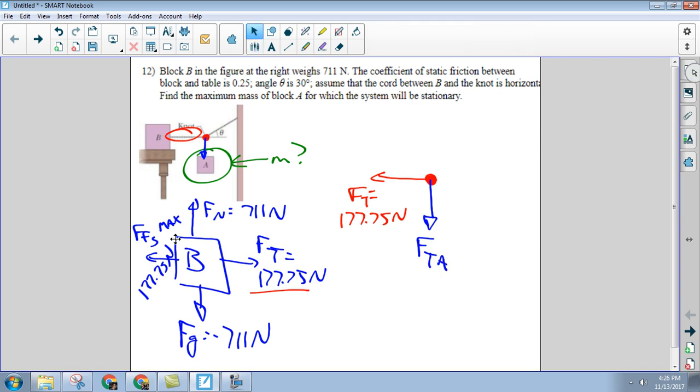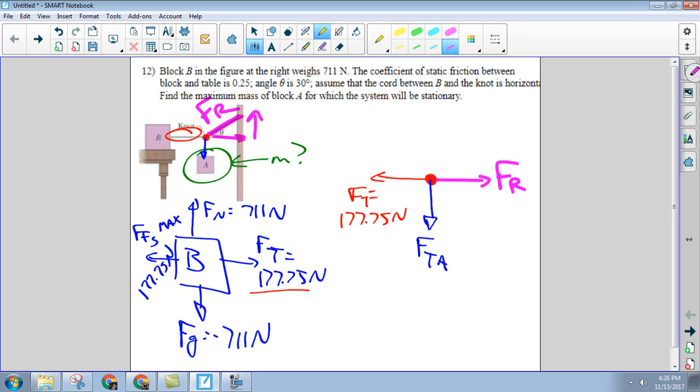And then there's this other force over here, this guy, right? But the idea is that's going to have both a horizontal and a vertical component, right? So let's call it force R for rope. FR as in force of that other rope. Okay? So that other rope is going to have an X component and a Y component, right?